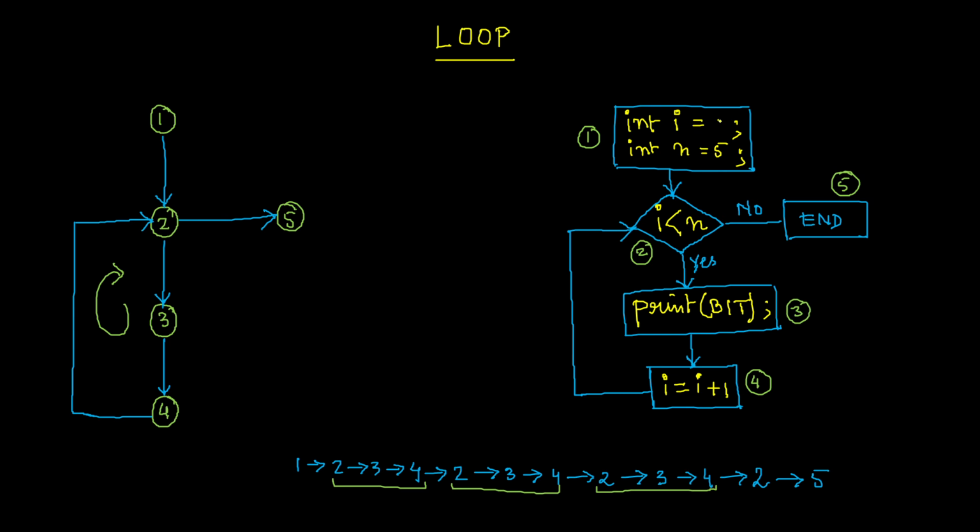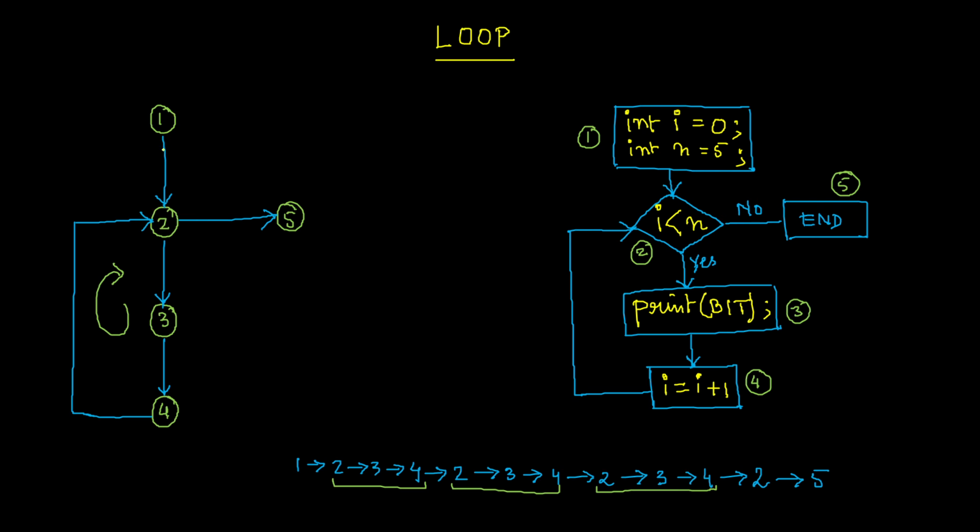And one more thing, among these nodes number 2, 3, 4 which are involved in this loop, which node contains the condition part? Node number 2, which acts like a gate. And among nodes 2, 3, 4, which node is basically used first? Obviously node number 2, right?